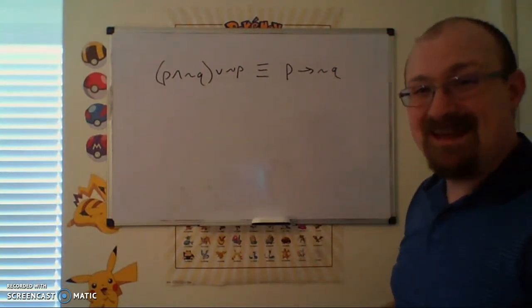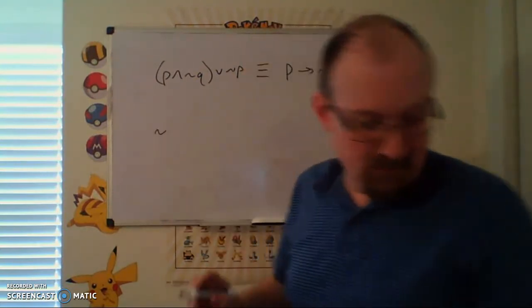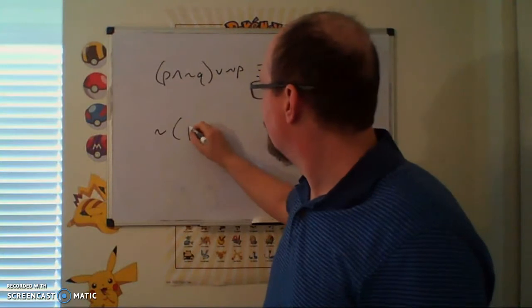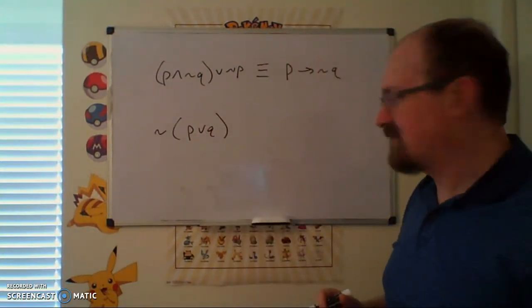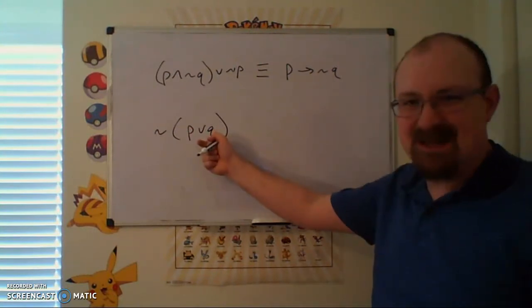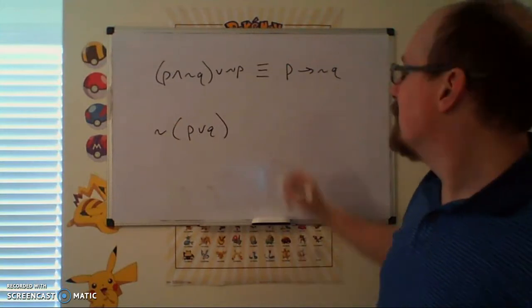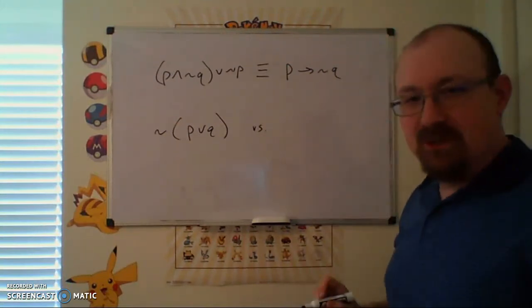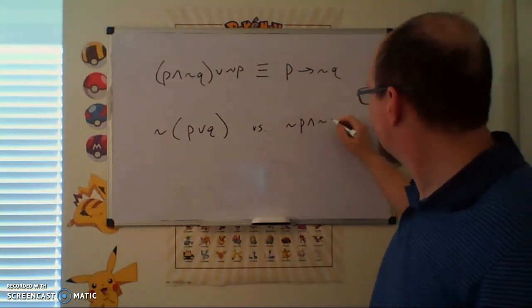I want to investigate another couple real quick. So let's take a look at this one. Not too involved in this instance. We've got two operations. We have a disjunction inside some parentheses, and then after we've done the disjunction, we apply a negation. We want to compare that to what's going on over here.